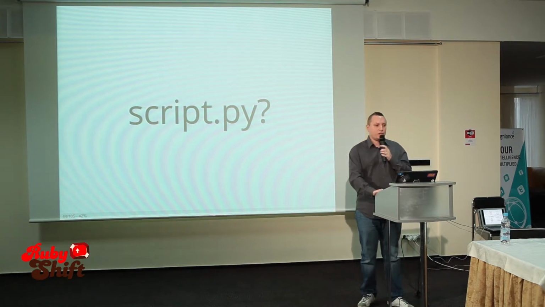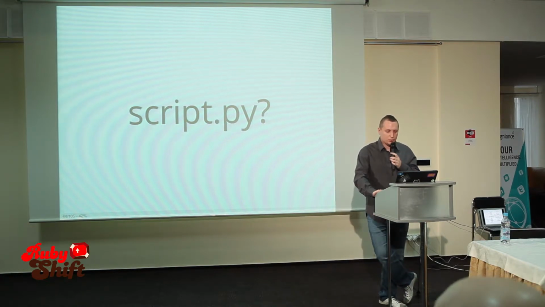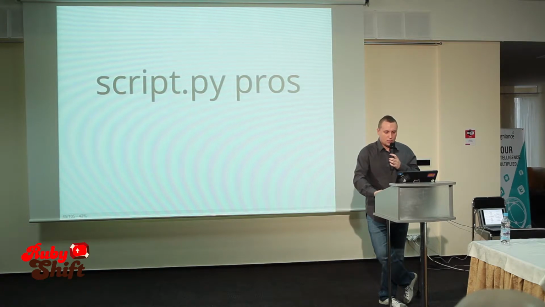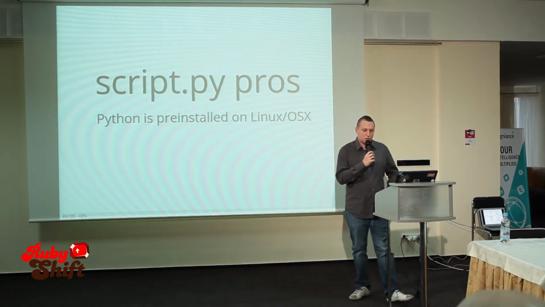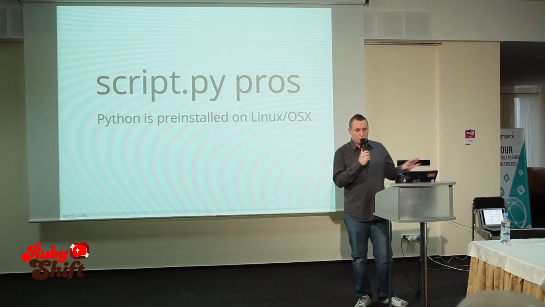Then I thought about writing this in Python. I'm familiar with Python. I was doing some Python coding in the past, and it's not that much different. So I looked at a Python solution, and the big pro was that Python was pre-installed on both Linux and OS X everywhere.